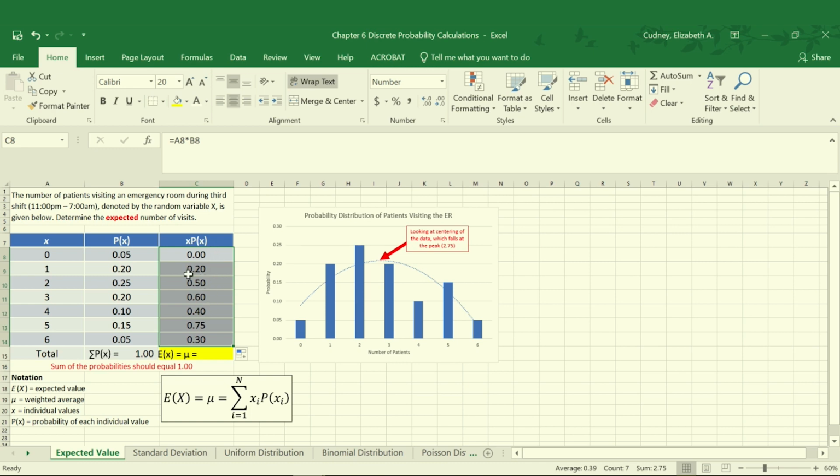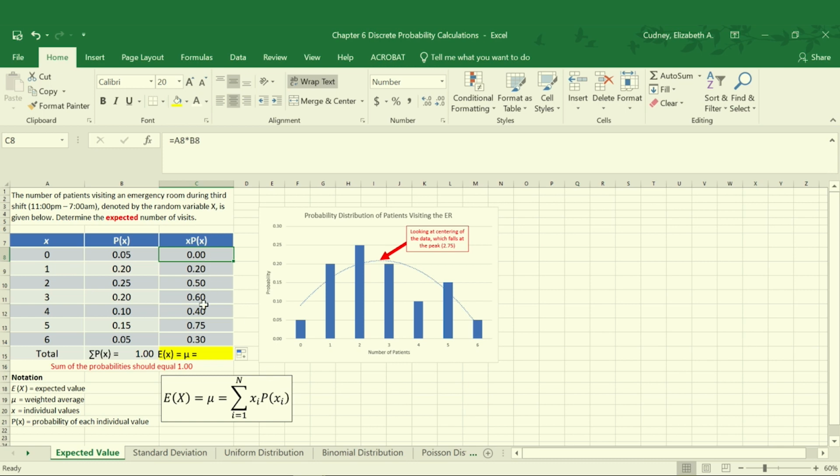Now, it's important to note that when we look at our probability for each event occurring, it should sum up to 1. When we multiply then our random variable, our number of patients, by our probability of X, this is giving us our weighted value. So we have our X sub i, the number of patients, times the probability of each one.